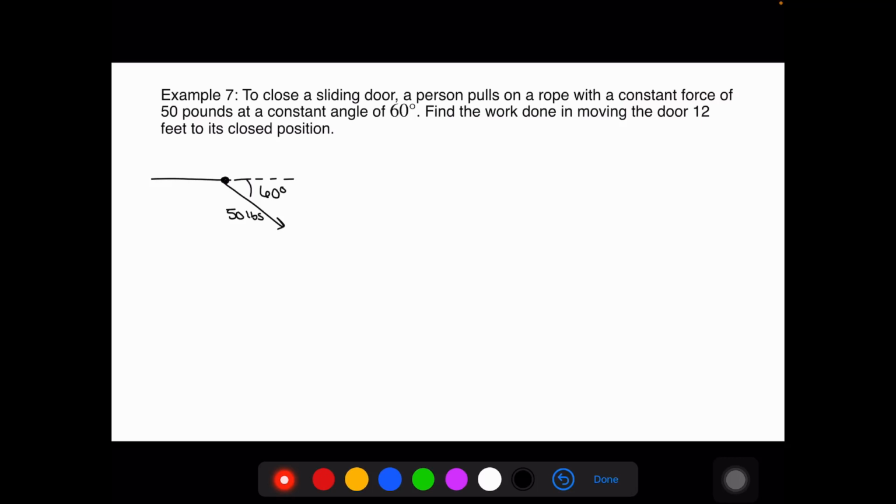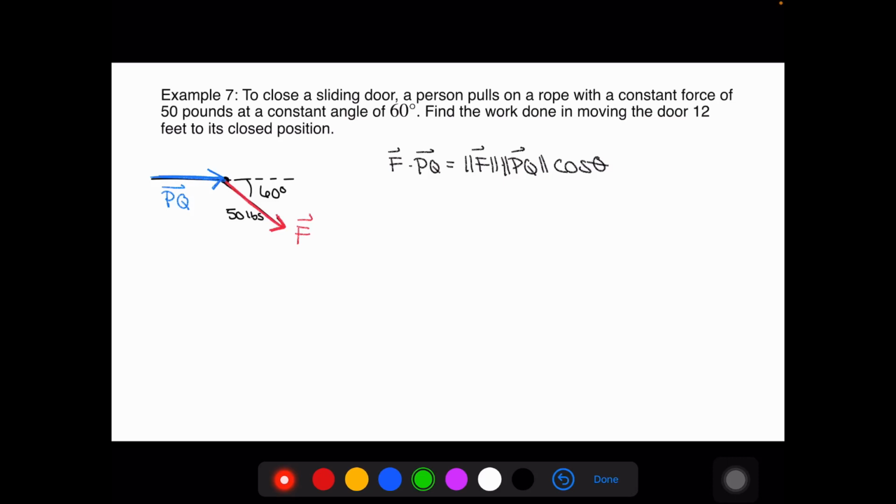We have this sliding door, and based on my picture, I'll darken in my door in black, and the idea is the door is going to slide closed, and we are pulling a rope with this force of 50 pounds to close that door. Find the work done in moving the door 12 feet to its closed position.